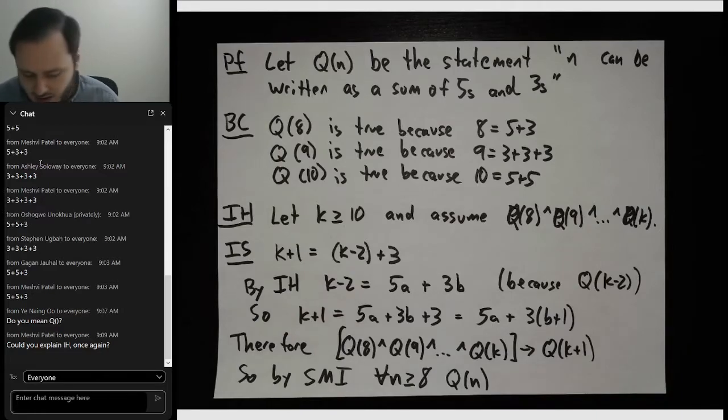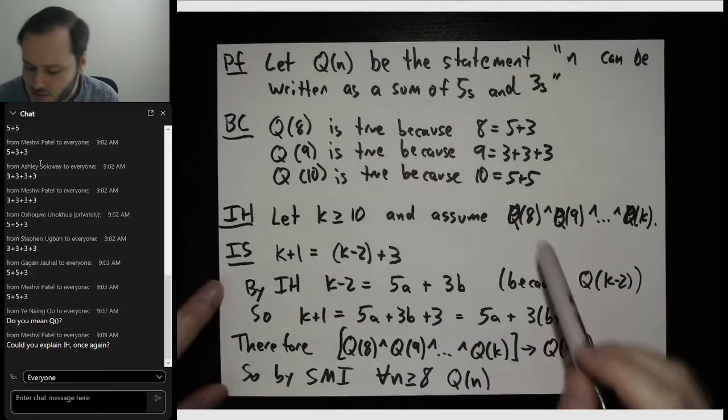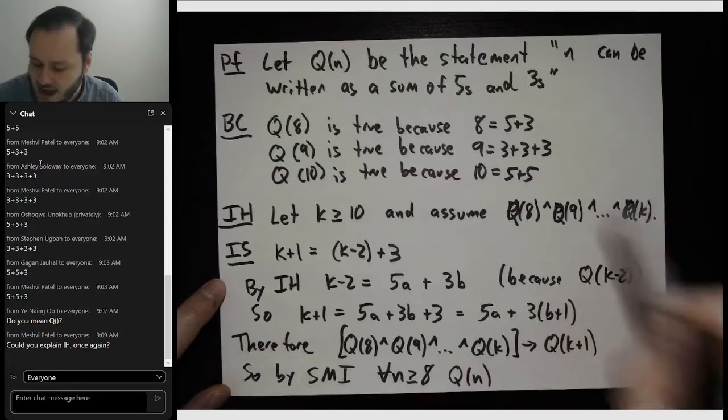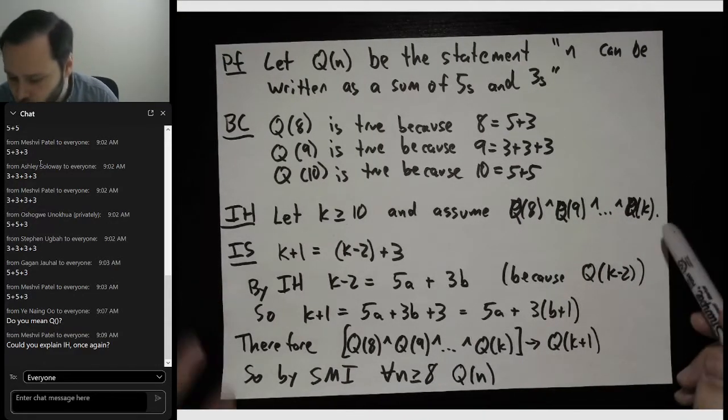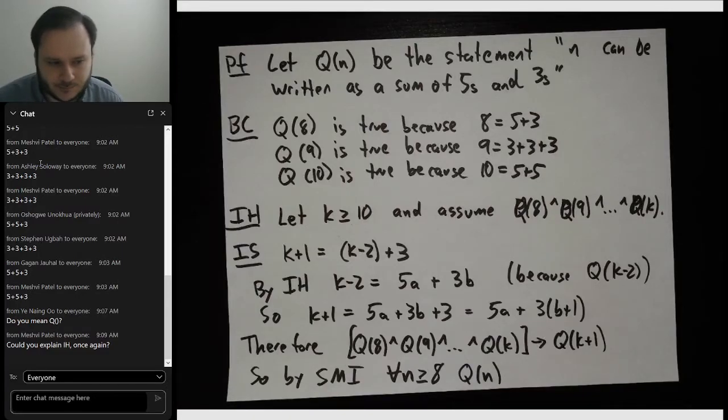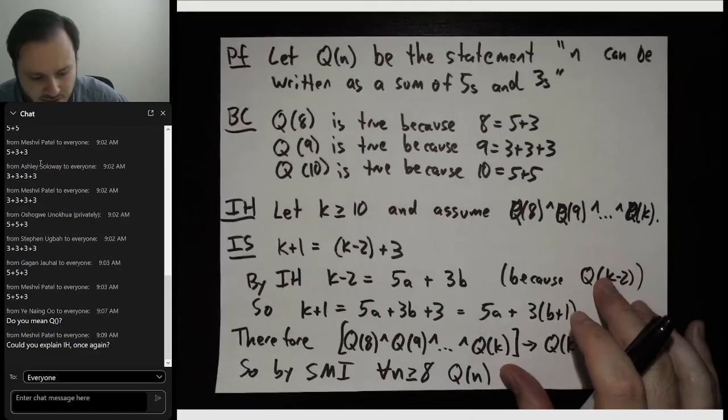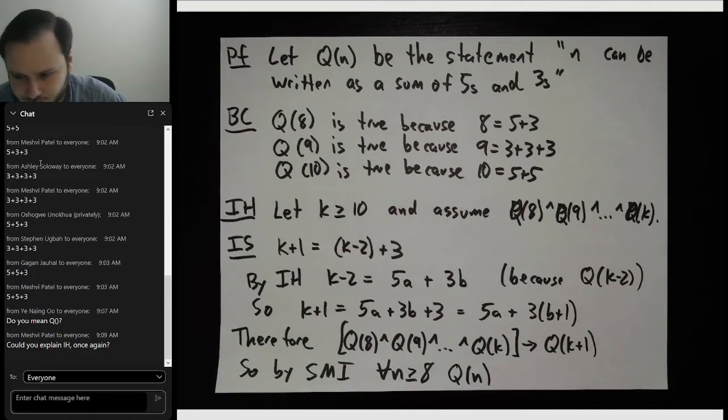I'm assuming everything, because I might as well. I'm assuming 8 is true, and 9, and 10, all the way up to k, compared to just assuming Q of k. Hopefully that one makes more sense.